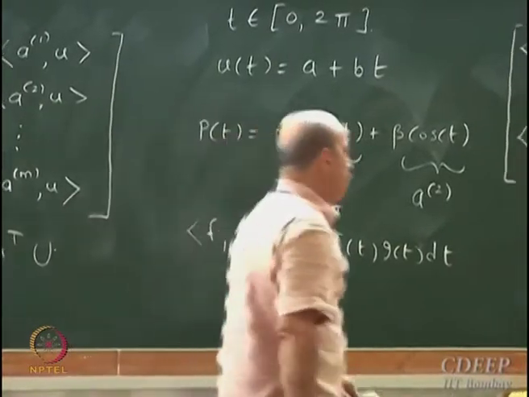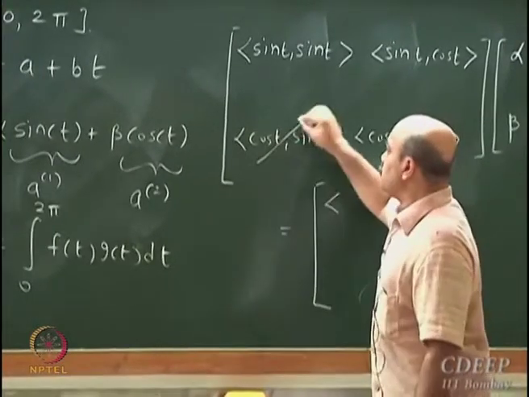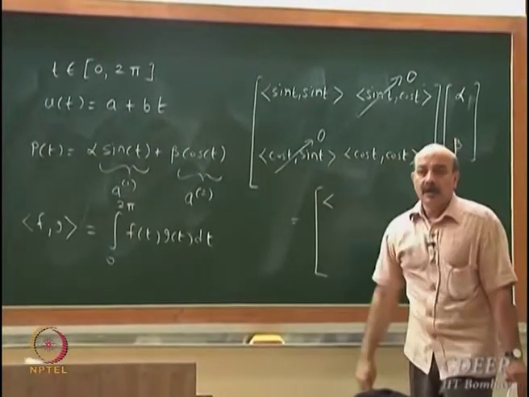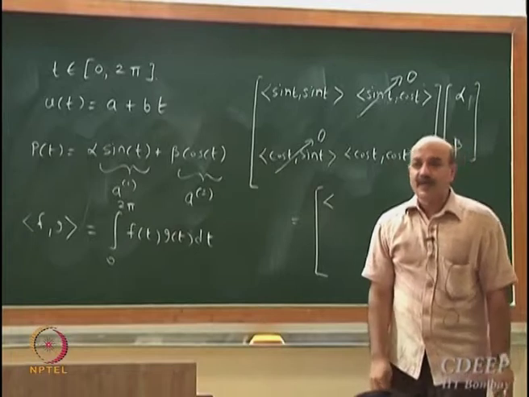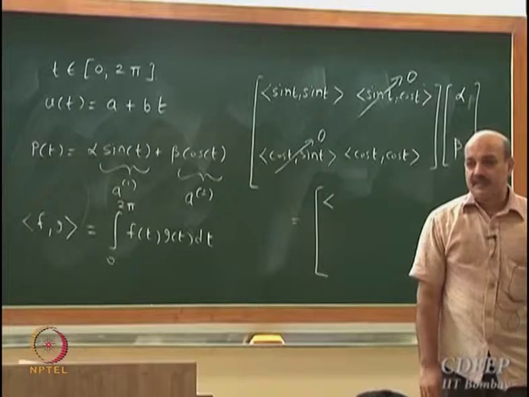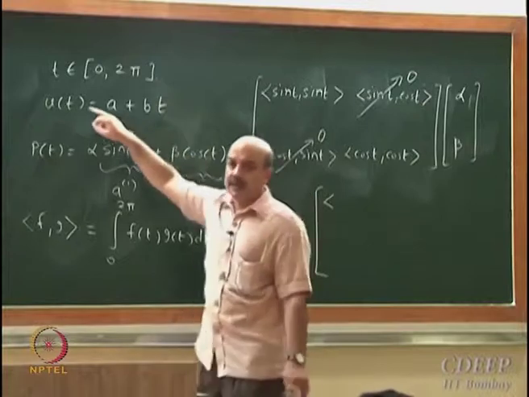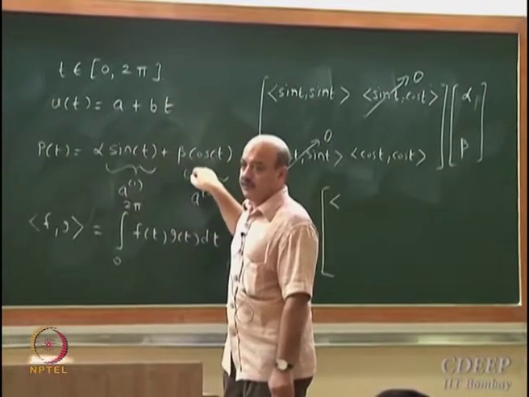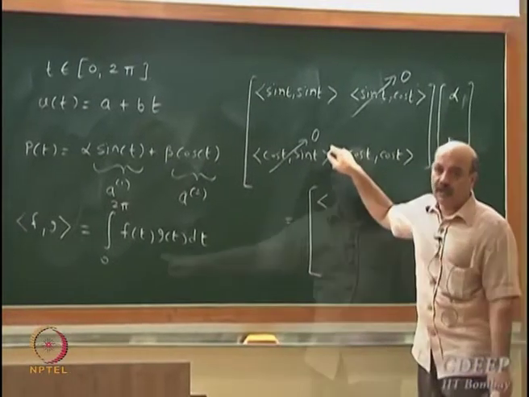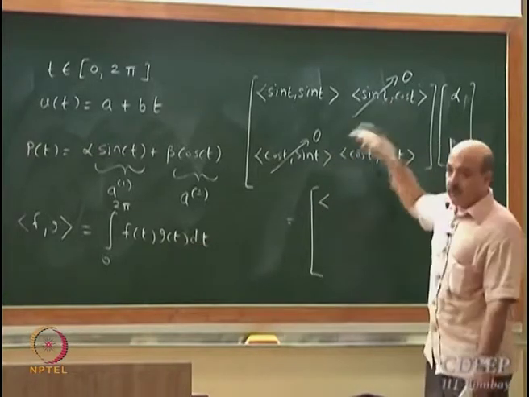Now we know that over 0 to 2 pi, sin and cos are orthogonal. So this is 0, this is 0. If you notice, what we are actually deriving are the first two coefficients of the Fourier series. I am doing a Fourier series expansion of u(t) in terms of sin and cos. The nice property of sin and cos over 0 to 2 pi with this as my inner product is that they are orthogonal.